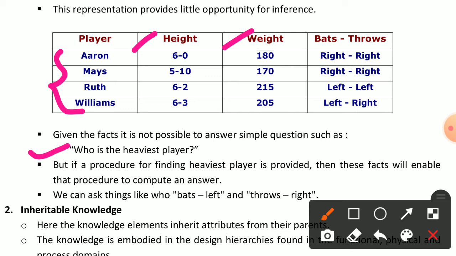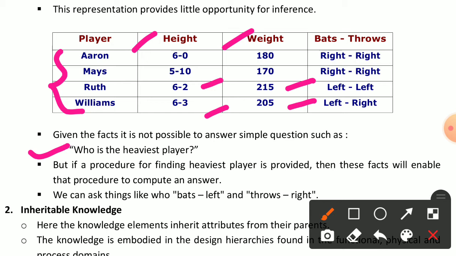Which player's weight is maximum? 215 and its height is 6'2". But Williams' height is 6'3" and its weight is 205. So we can say that Ruth and Williams are the heaviest players.